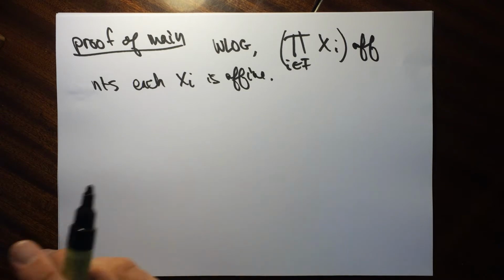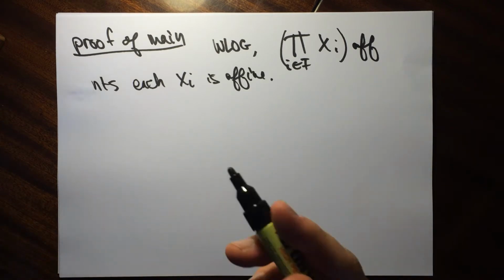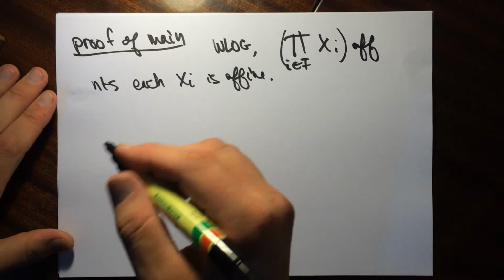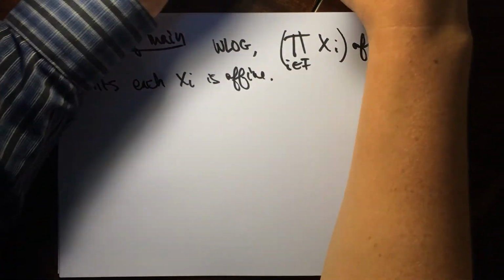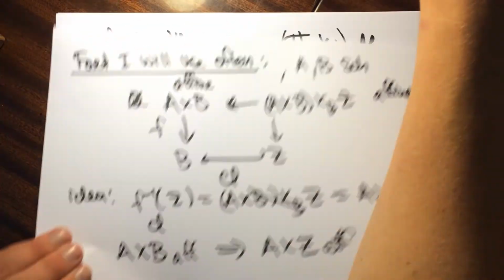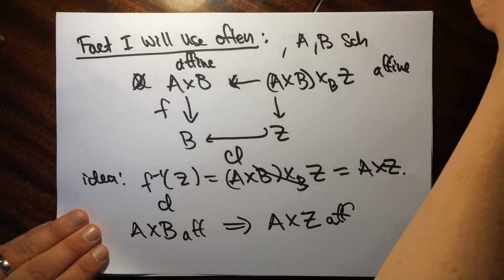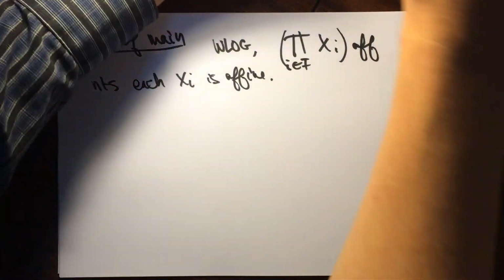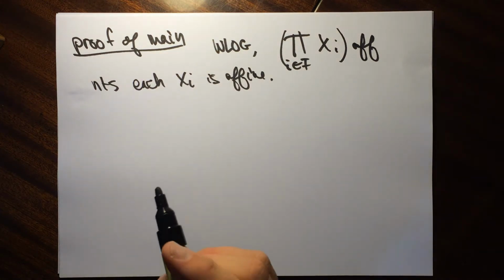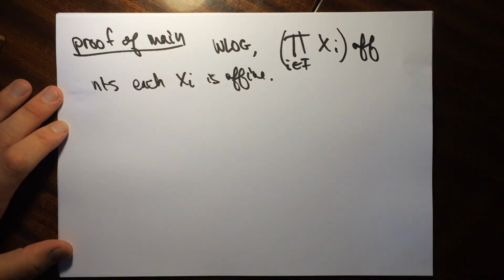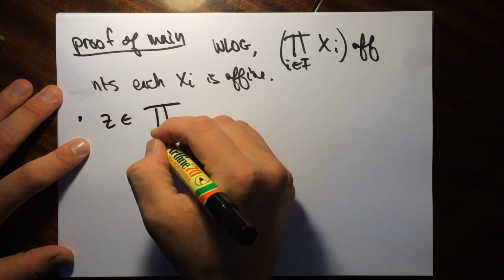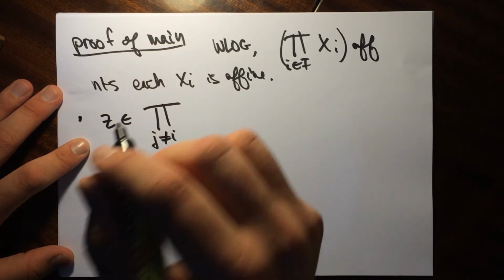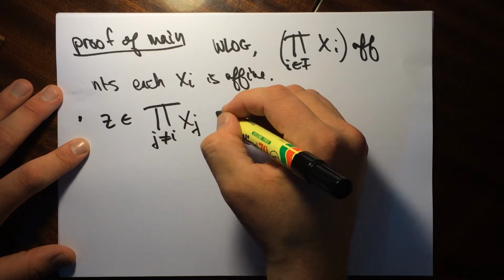Okay, so here's what we're going to do. We're going to apply the trick that we were always going to apply every time. Remember this thing that I'm going to use often. So I'm going to do the same thing again. Take z in xj, let's say this is a closed point.